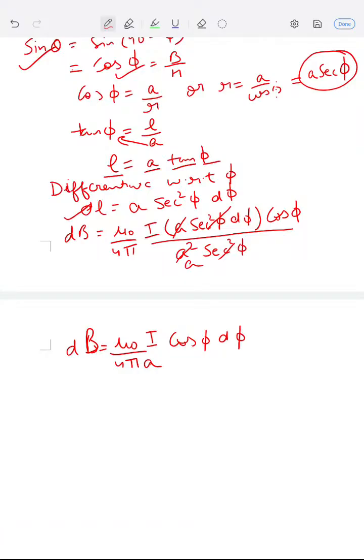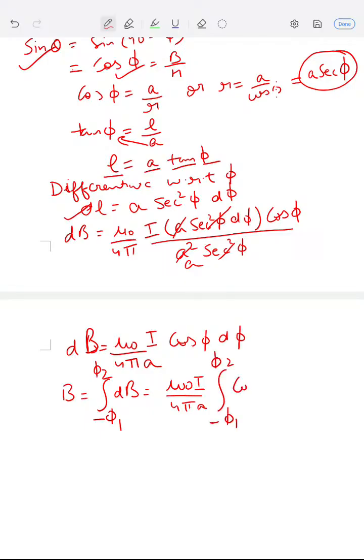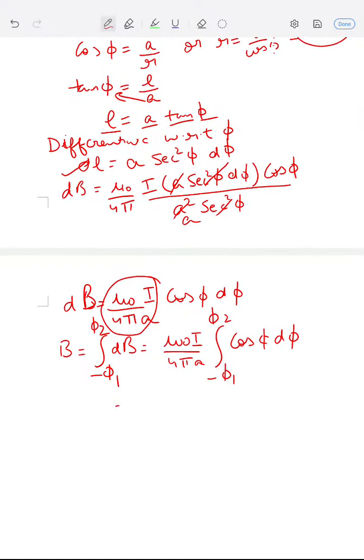If I want to calculate the total magnetic field, what we need to do? We need to integrate the magnetic field over the interval from minus φ1 to φ2, that is dB. So what is dB? μ0 I upon 4π a, integral from minus φ1 to φ2 of cos φ dφ. This is the constant term, so we have taken it outside, and the integration we will do of cos φ.